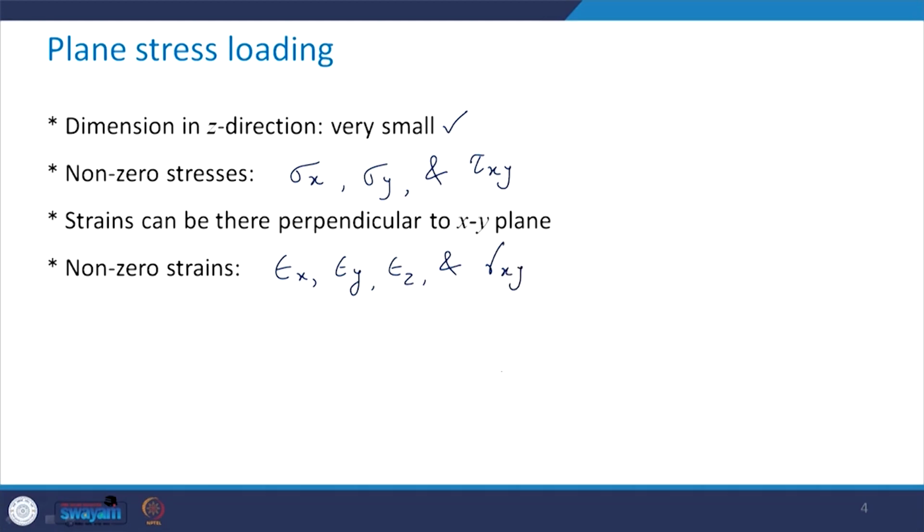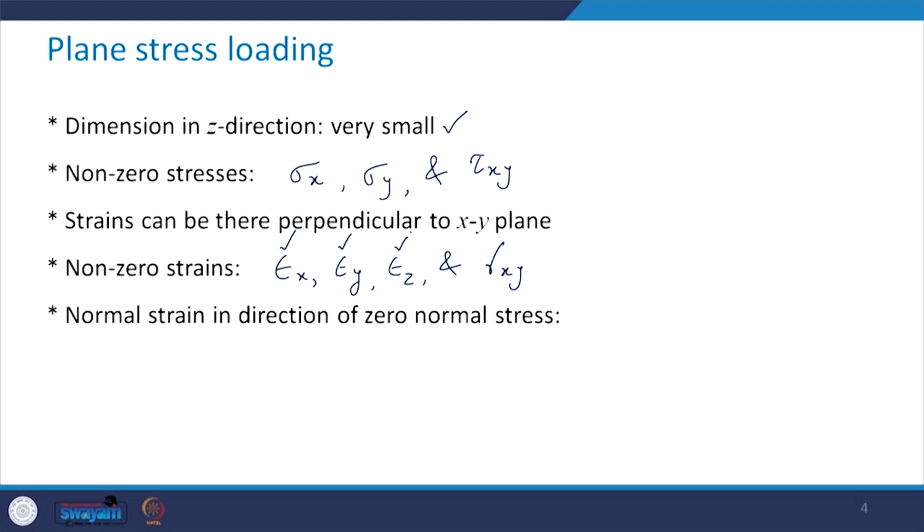What does this mean is that all the three components of normal strains, that is epsilon x, epsilon y and epsilon z, are going to be non-zero in case of the plane stress loading. Now what will happen when you have the normal strain in the direction of 0 normal stress? Because you can see from here that sigma z is 0 in this case, but in z direction epsilon z is non-zero.